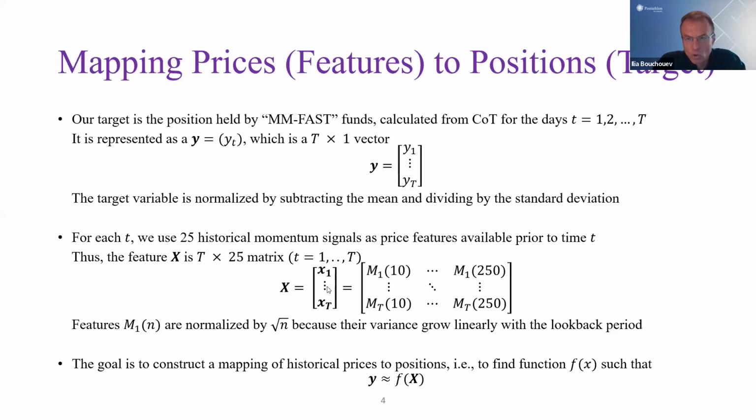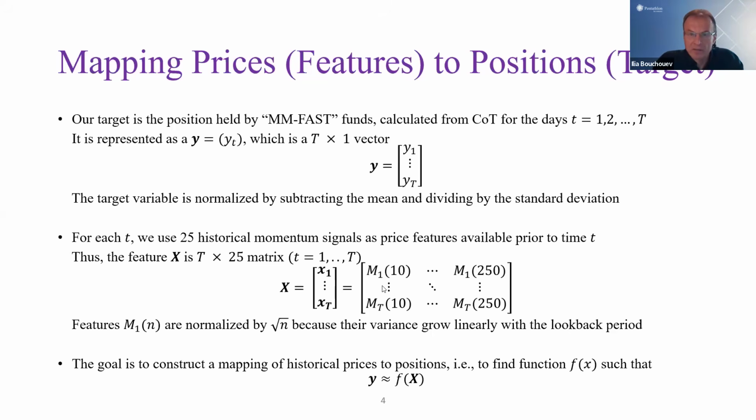On day 2, you get a new vector of momentum, etc. On day 3 and on day T, you get a new vector of momentum because you keep moving through the history. On every day, you have 25 momentum signals that represent the history available prior to that day. So you have a matrix here. It's a T by 25 matrix.